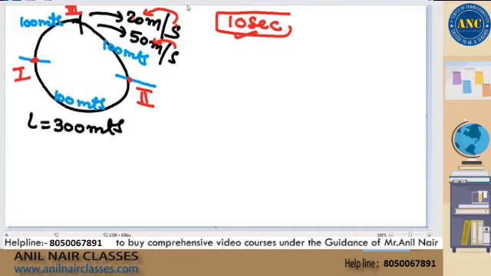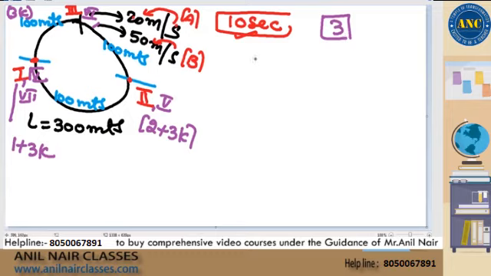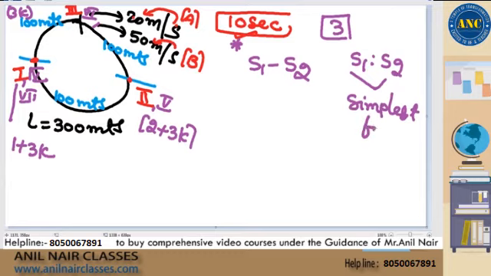3. Listen carefully: number of distinct meeting points is given by S1 minus S2, if the ratio S1 is to S2 is in its simplest form and both are traveling in the same direction.